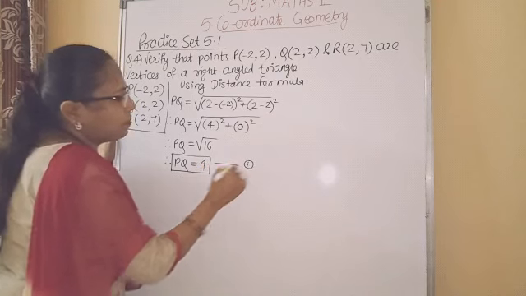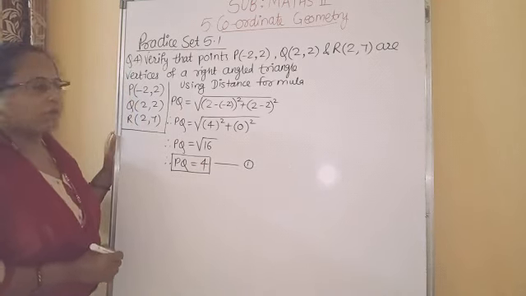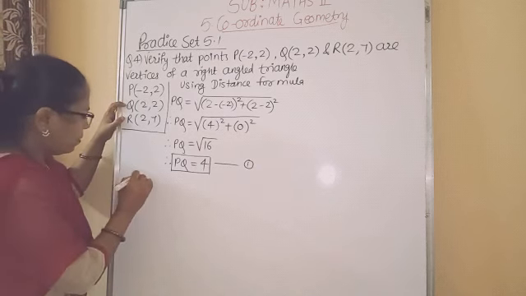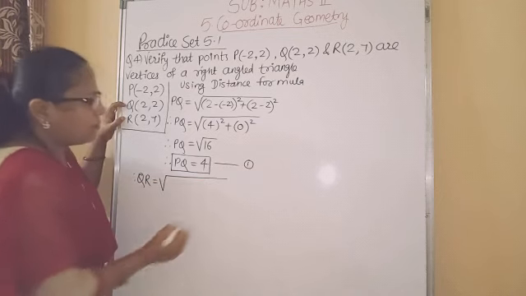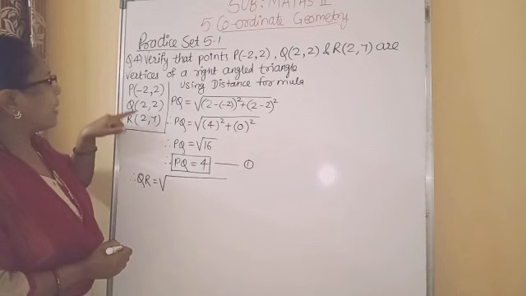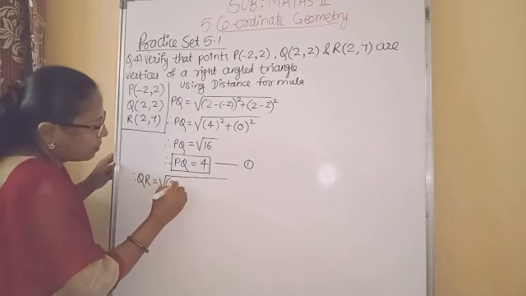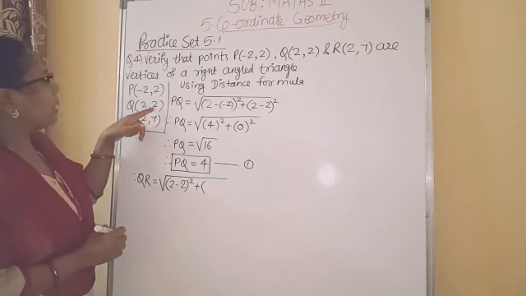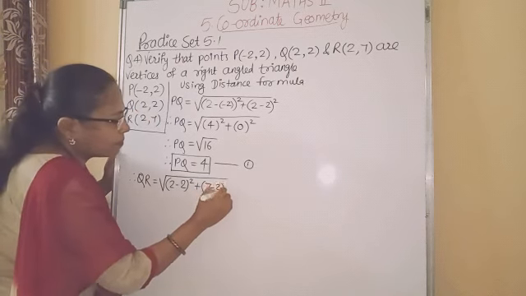Give here statement number 1. Okay. Now we will find out the length of the next segment QR. Therefore QR is equal to square root of (x2 minus x1) square, means (2 minus 2) square, plus (y2 minus y1) square, means (7 minus 2) square.